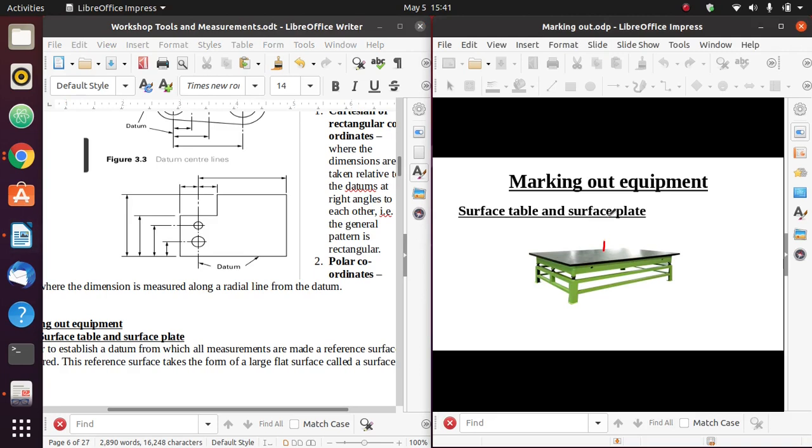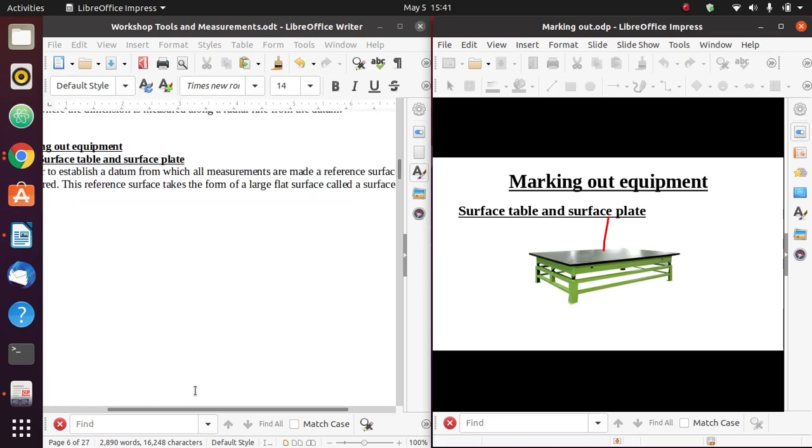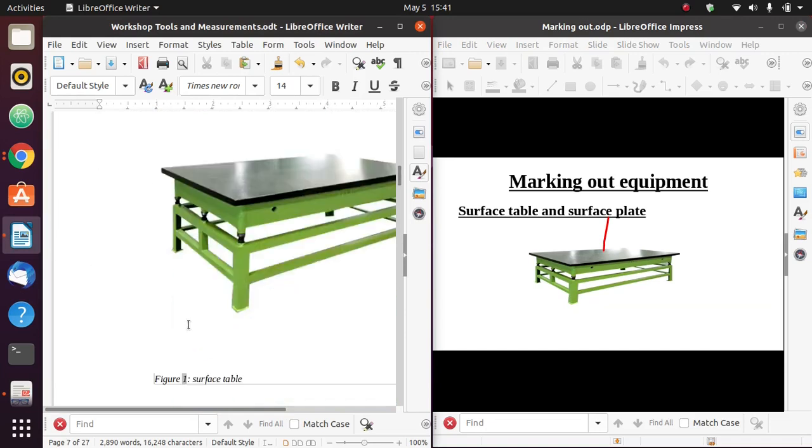Nitaekelea workpiece yangu juu ya hiyo meza. Then I will be able to see whether my workpiece is flat. Essentially, we want to test the trueness of the flat surface of my workpiece. So I will put my workpiece on that surface table, and then I will be able to mark it, to create a reference from which I will take my dimensions.